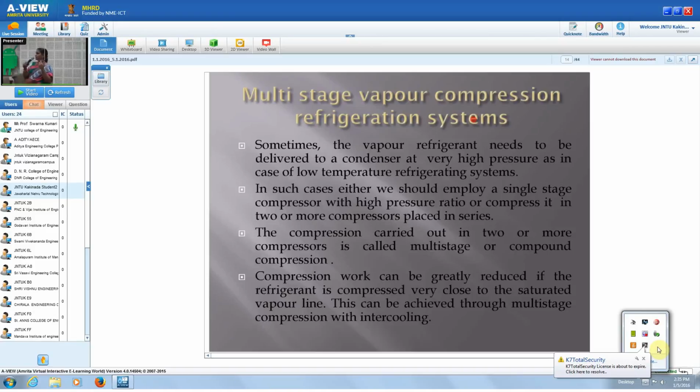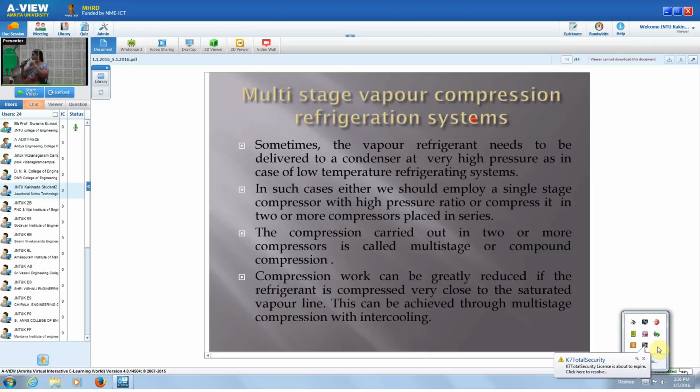For example, for liquefaction of gases, mainly for nitrogen, minus 150 degrees centigrade temperature is required. Whenever the required temperature in the evaporator is very low, in that case COP will always be less.